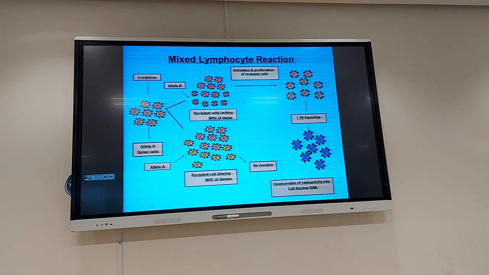If they are closely MHC matched, you don't get any proliferation, so you don't get any incorporation of radioactivity. So you're looking for those samples which have the least radioactivity in them.